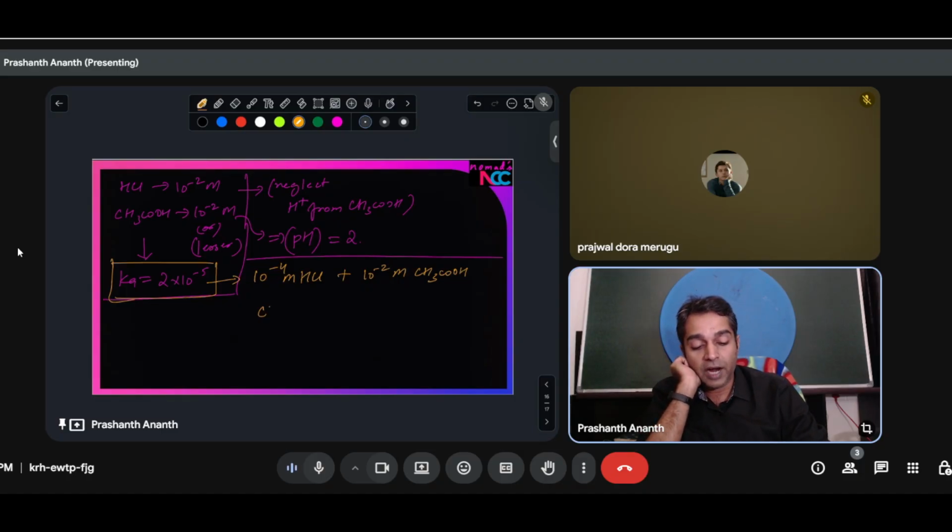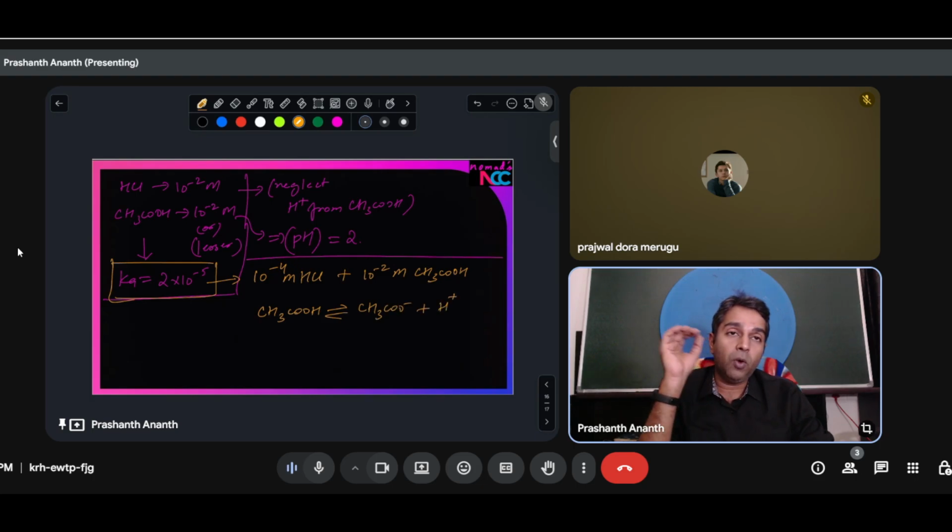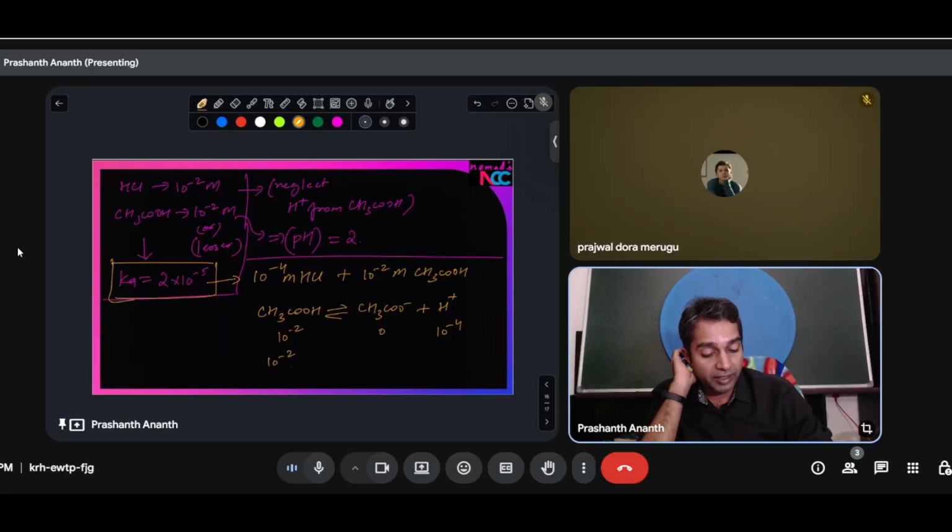So here what I have to do is write the equation: CH3COOH is in equilibrium with CH3COO minus plus H plus. I will of course be having what is called common ion effect, in the sense we are already having 10 power minus 4 molar H plus in the beginning, and this is 10 power minus 2. This guy was 0. So we have 10 power minus 2 minus X. This will become X. This will become 10 power minus 4 plus X.